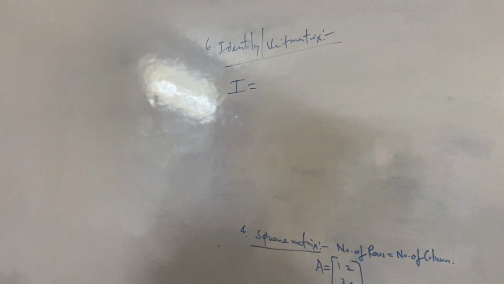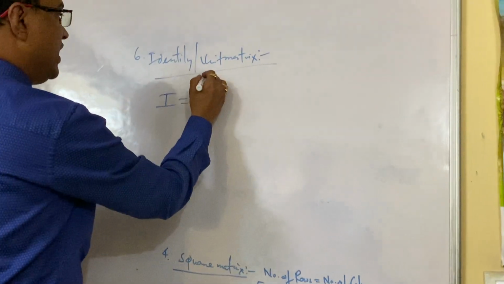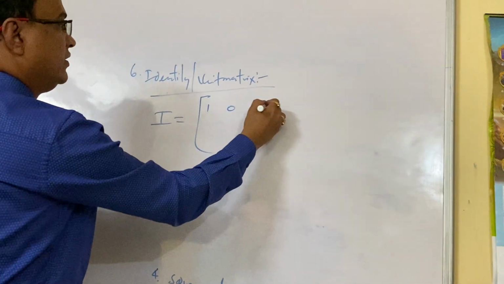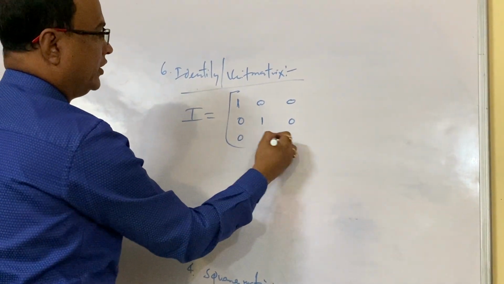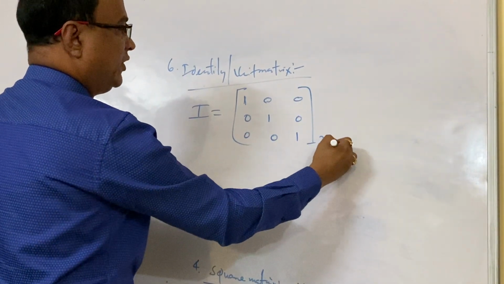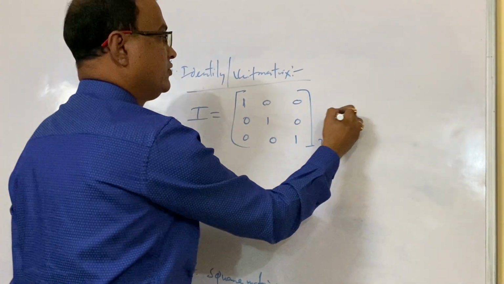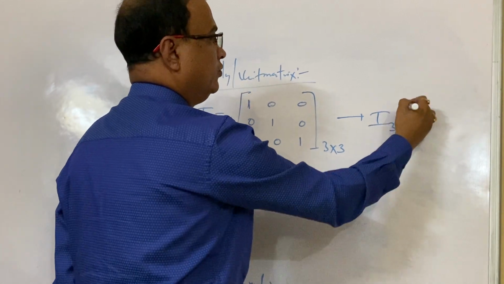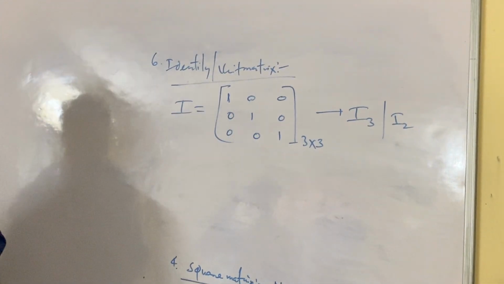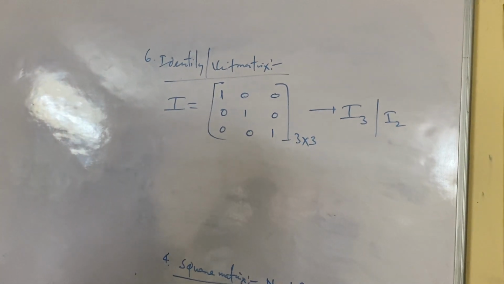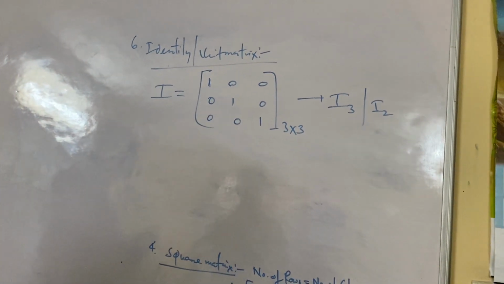It is a square matrix in which the diagonal elements are 1 and all other elements are 0. This is an example of a 3 by 3 identity matrix. We write it as I3, and we may write I2 for 2 by 2 and so on. The diagonal value for identity matrix is 1. So this is identity matrix.